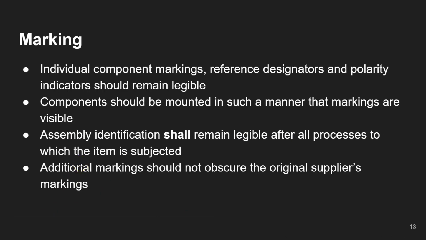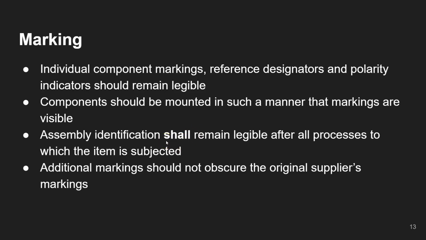Now, next is the markings. Markings are basically the labels on your printed circuit boards, and marking should be done by appropriate non-conductive inks, labels, etched characters or any other method.